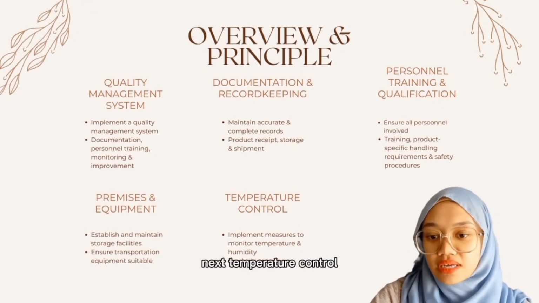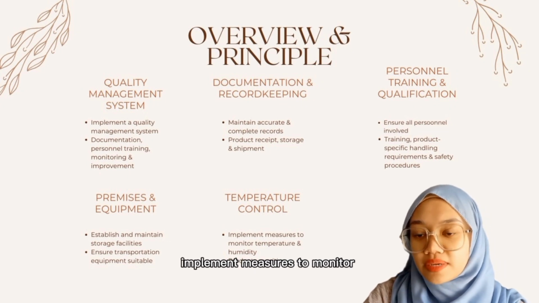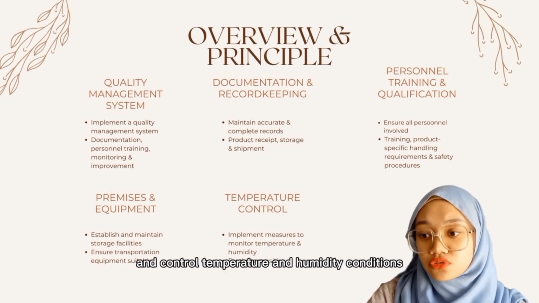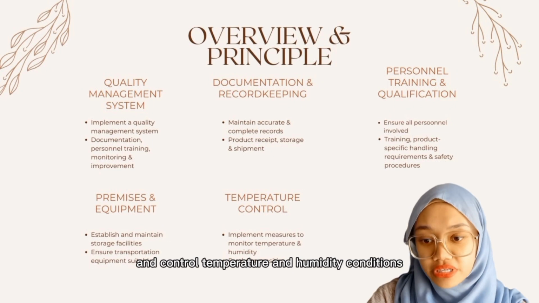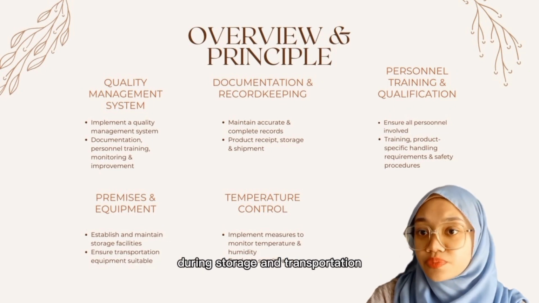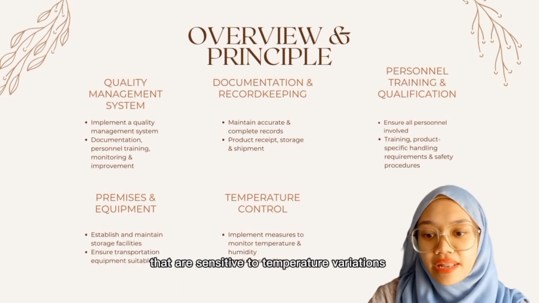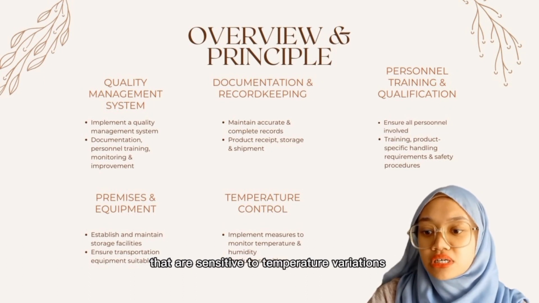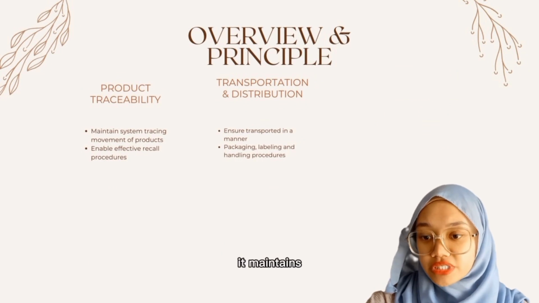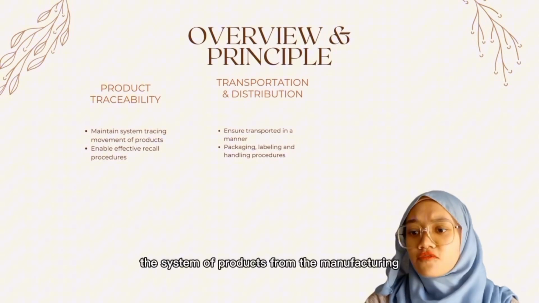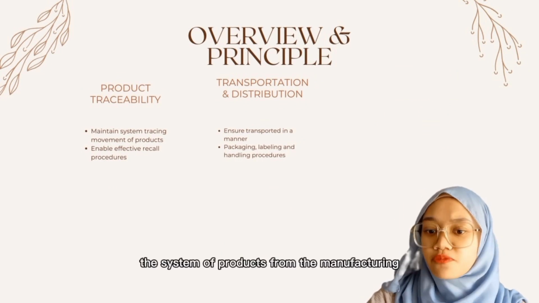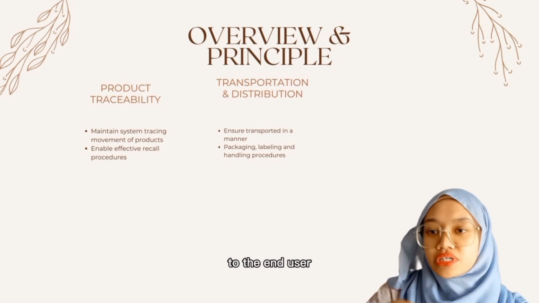Next, temperature control. Implement measures to monitor and control temperature and humidity conditions during storage and transportation. This is especially crucial for products that are sensitive to temperature variations. Next, traceability. Maintain a system for tracing the movement of products from the manufacturer to the end user.